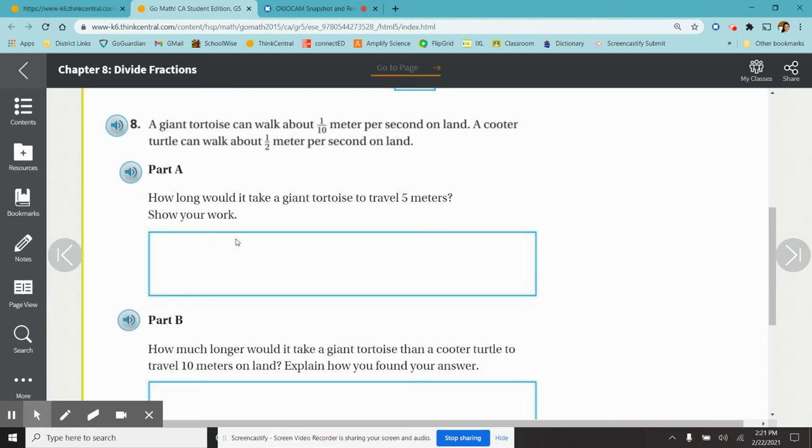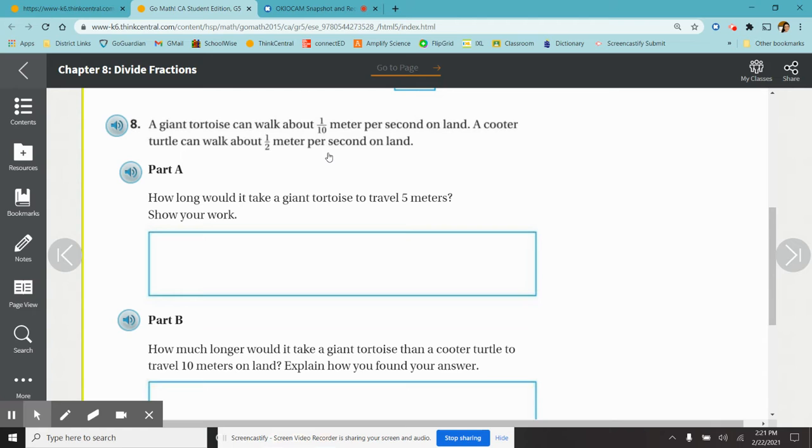So you have 5 meters, and we're splitting up the meters into the giant tortoise 1/10. So we have 5 meters for the giant tortoise, and we want to split it up between 1/10. And that would be 50. So how long would it take?